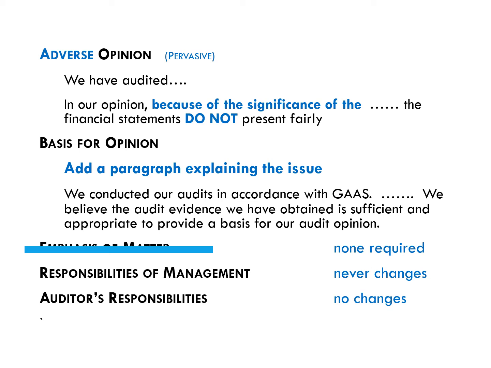The standard basis for opinion paragraph follows. No need for an emphasis of matter paragraph. Management's responsibilities never change, and in this situation, there's no need to make any changes to the auditor's responsibilities section. Make sure for the test that you can identify the changes that are necessary for a qualified opinion or adverse opinion for a material misstatement.